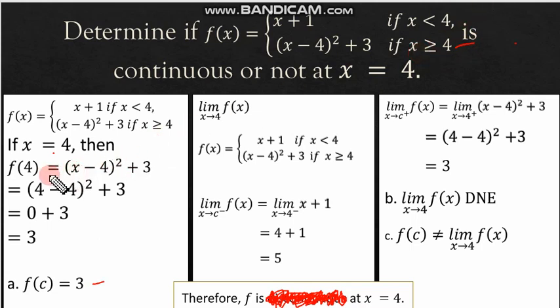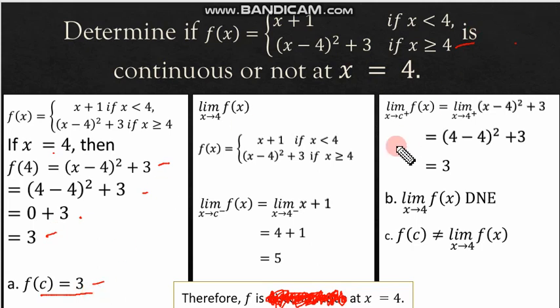So the f of 4 is equal to (x minus 4) quantity squared plus 3. So that's (4 minus 4) squared plus 3, or 0 plus 3, which is equal to 3. So the f of 4, or the f of c, exists, which is equal to 3.